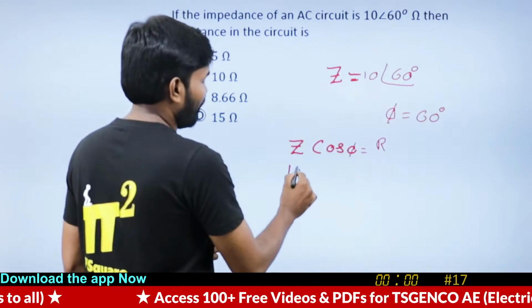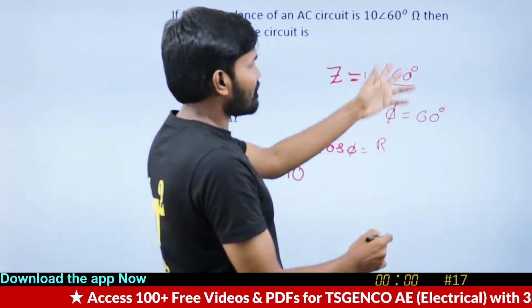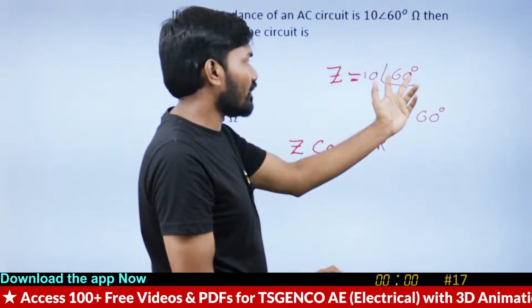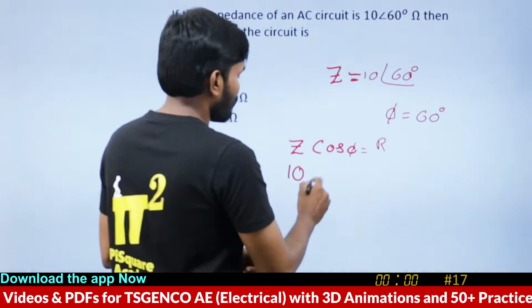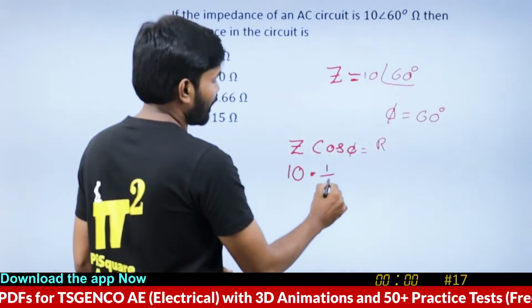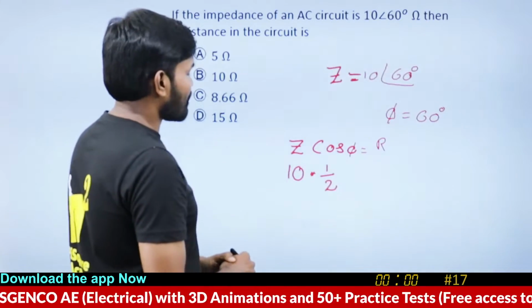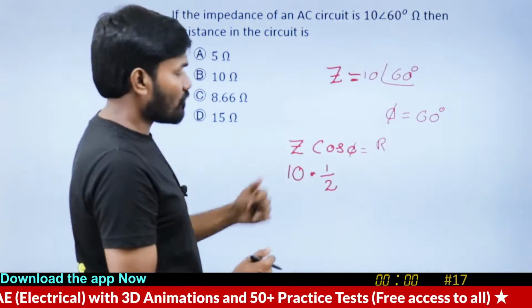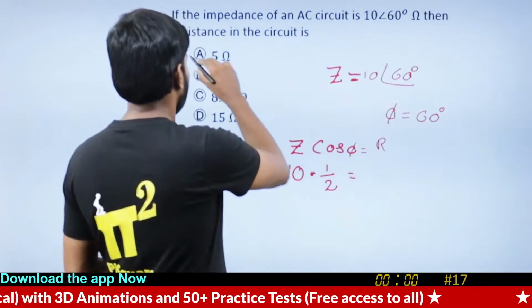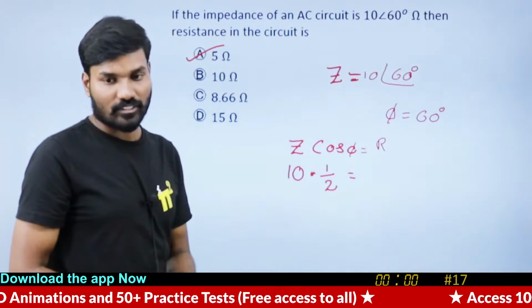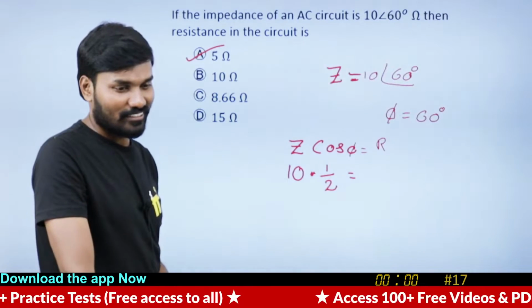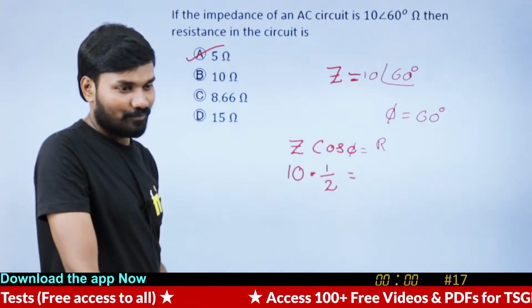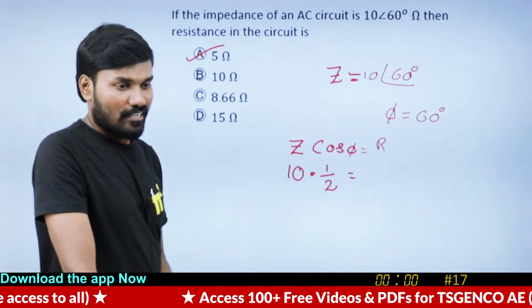Z is given as 10. Cos theta, which is 60 degrees. It's actually theta, but for this circuit, theta and phi are the same. So cos 60, don't use a calculator, come on. This is half. Cos 60 is half. So the answer is A. Everyone marked it right. That's really good. Okay, next one.